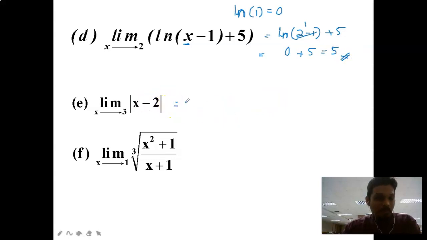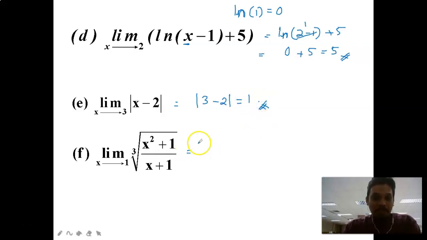And now, what about this one? The limit as x approaches 3. So we substitute here, 3 minus 2 equals 1.